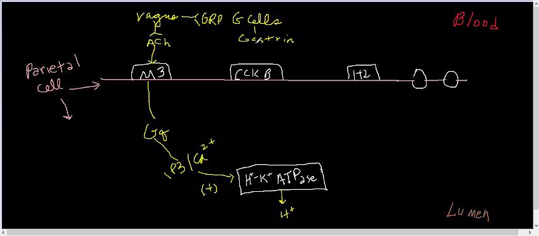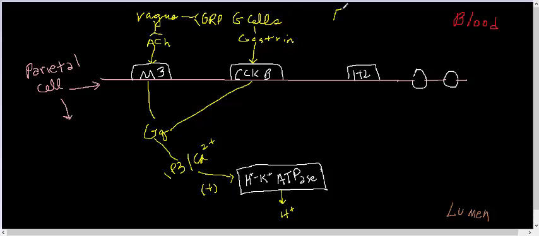And so the gastrin, which will act as a hormone, will stimulate this cholecystokinin B, CCKB receptor, and it will follow this similar stimulatory cascade that we outlined for the vagus nerve direct stimulatory pathway. So that was our second major stimulatory factor for gastric acid secretion.